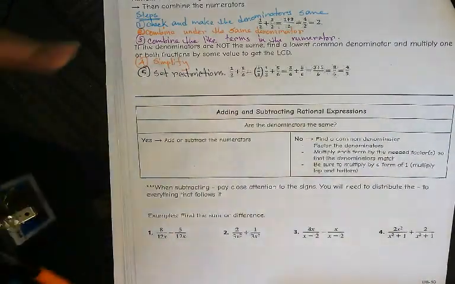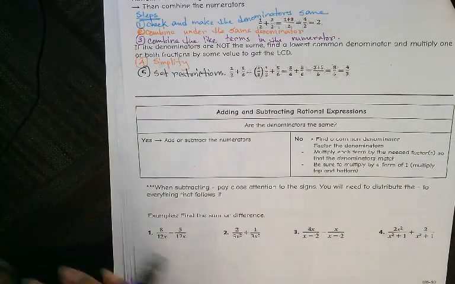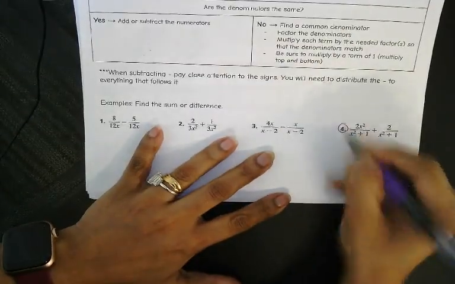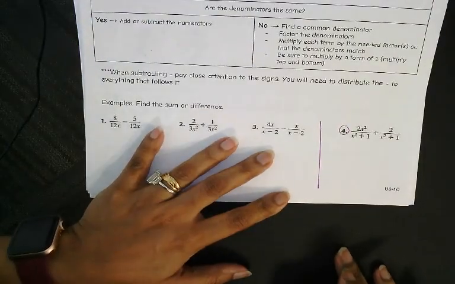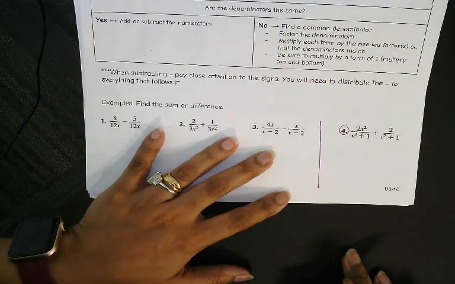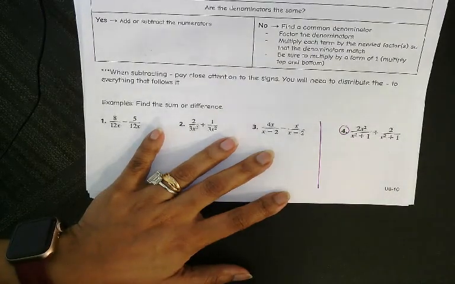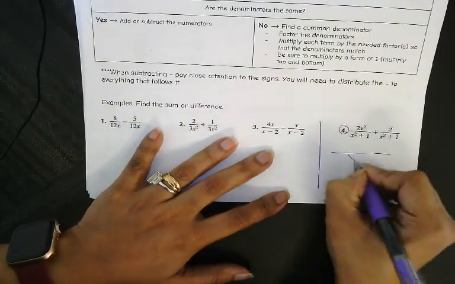All right. Let's look at one of the problems. Let me work on number 4 for you. So step 1, is my denominator same or different? Same denominator. So step 2, let's combine them under the same denominator.